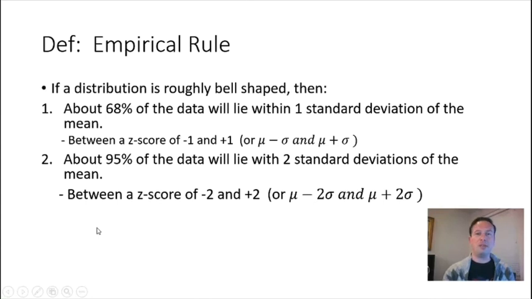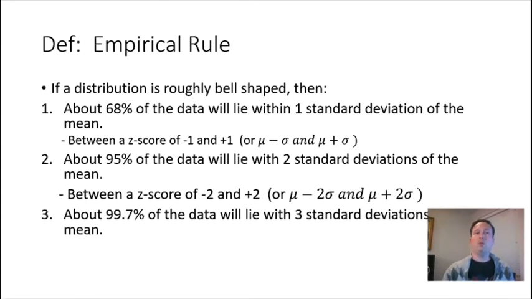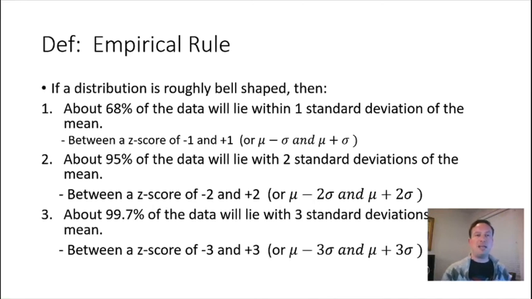And then for -3 and +3, we're going to find almost all of the data, but not 100% of it. The rule is about 99.7% of the data will lie within 3 standard deviations of the mean. Very similar, that's between z-scores of -3 and 3.